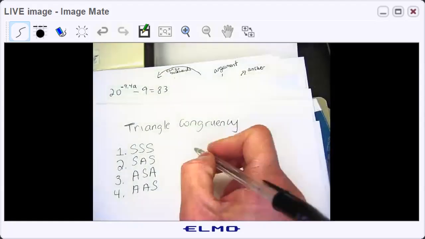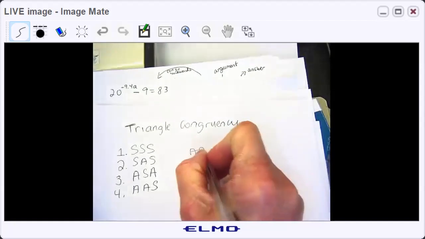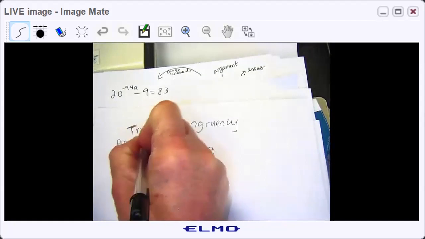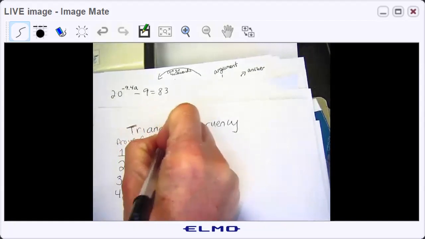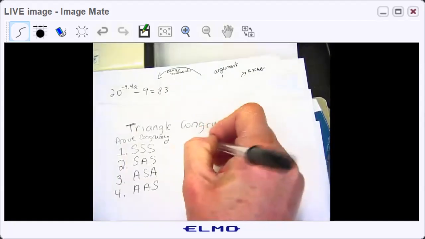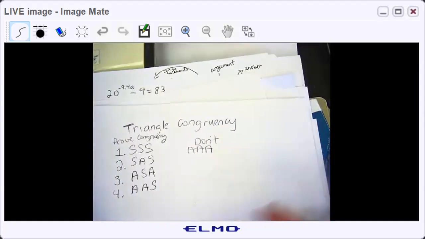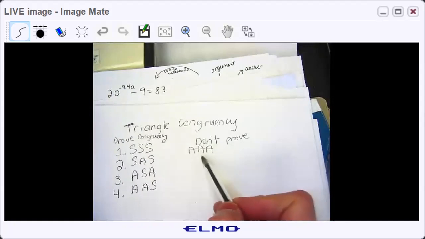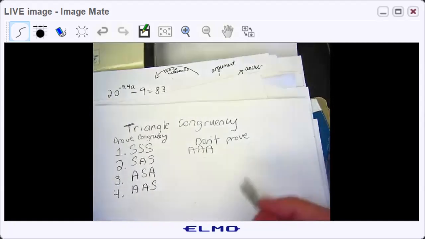Now, there are 2 that don't work. These are the ones that prove congruency, and these are the ones that don't prove congruency. If you have 3 angles in one triangle and 3 angles in another triangle that are equal, you can't necessarily say they're the same size triangle.